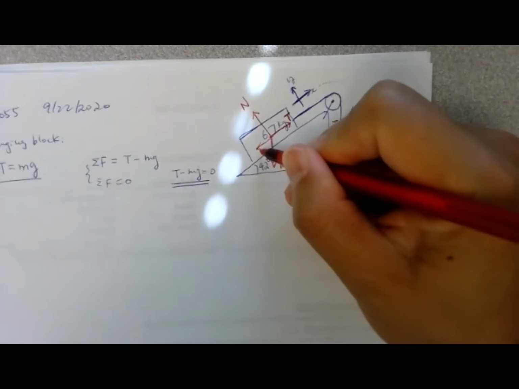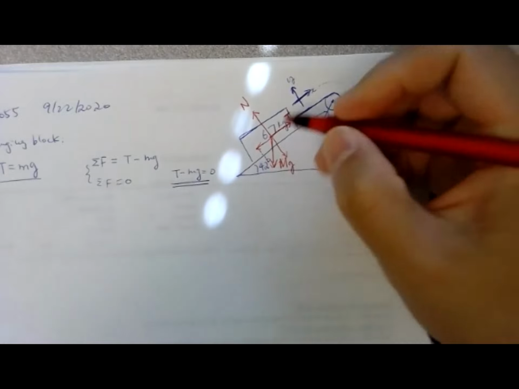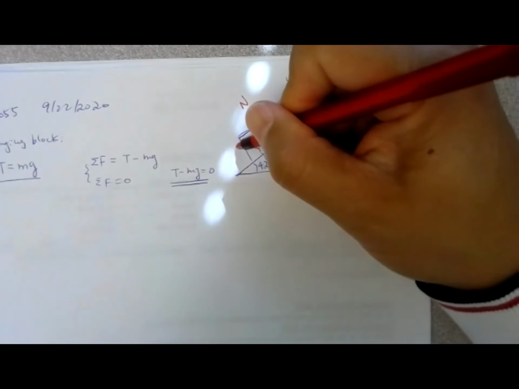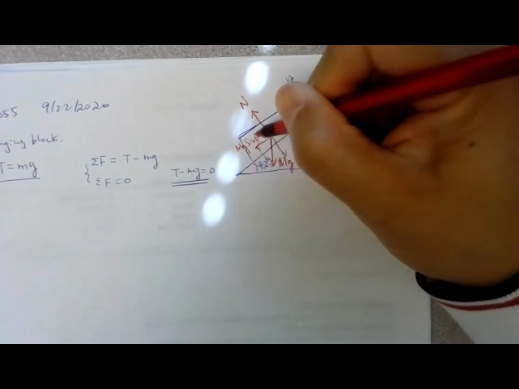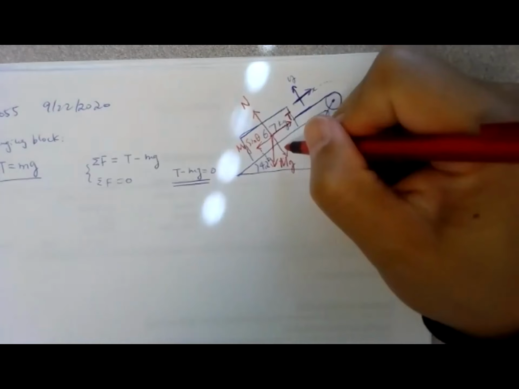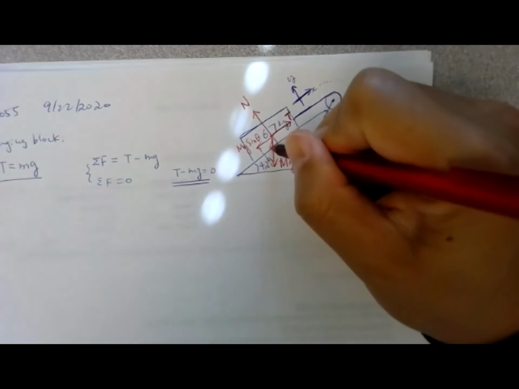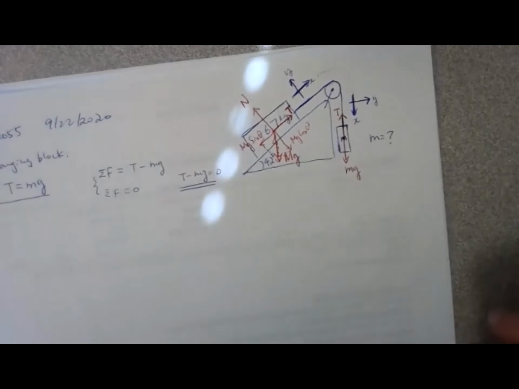Okay, so this is the X component of the weight, and then this is the normal component of the weight. Okay, so from last time you probably can figure that the X direction should be mg sine, because you are on an inclined surface. The Y component should be mg cosine. Okay. So if you resolve that, then you can cross that original weight out.